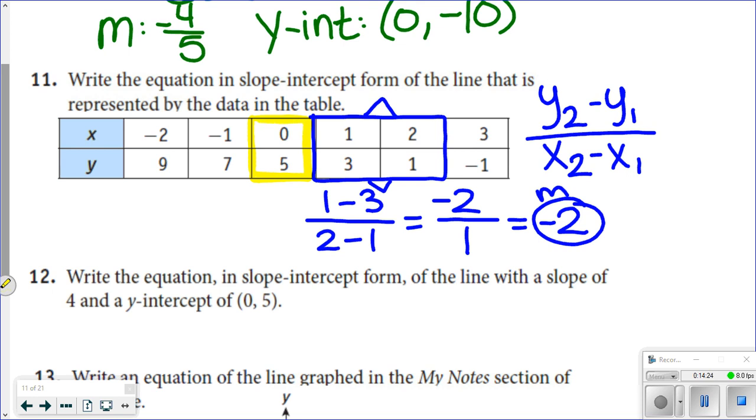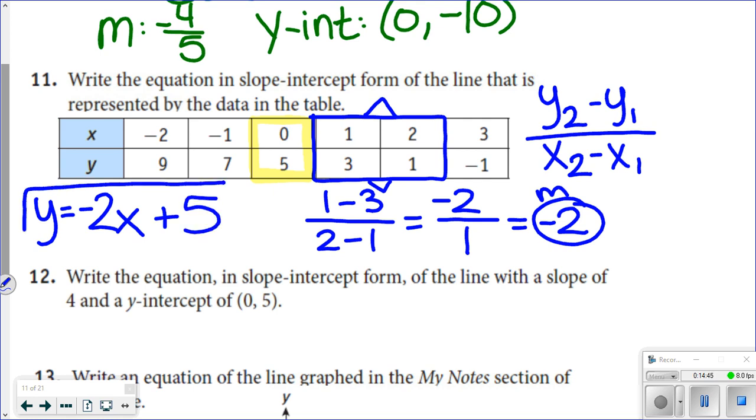This is my y-intercept. So let's write our equation. y equals m, which is my slope, and we just calculated that as negative 2, x plus b, which is that plus 5. So there's my equation in slope-intercept form.